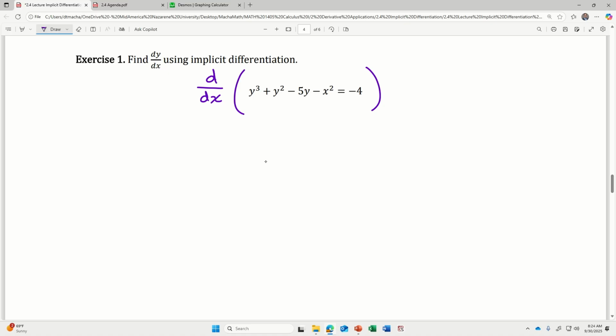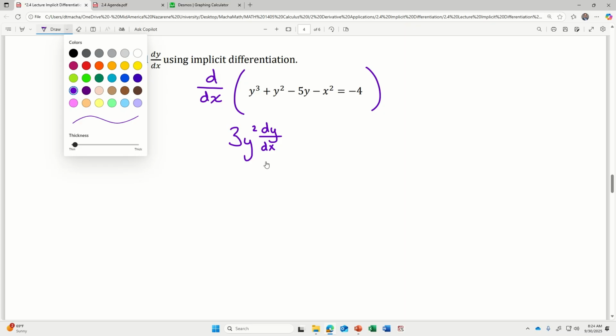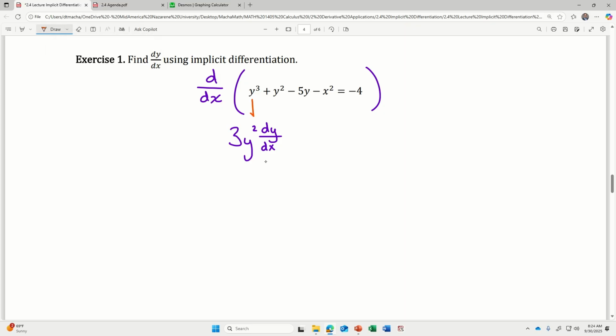What's the derivative of y cubed? 3y squared times dy dx. Okay? And again, this is the tricky part that always got me as a student. Because you might ask, what the heck is going on here? Y is a function of x.